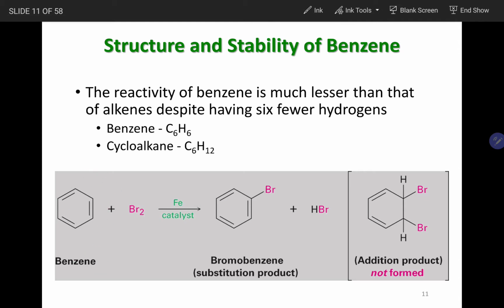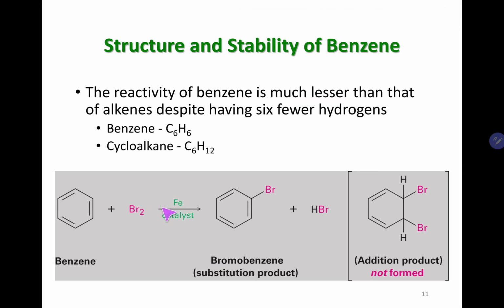And the product that you get is not an addition product, because benzene is not losing any of its double bonds. Instead, one of the hydrogens is replaced with bromine. So this is a substitution reaction, and to get the substitution product, you also have to use a catalyst.